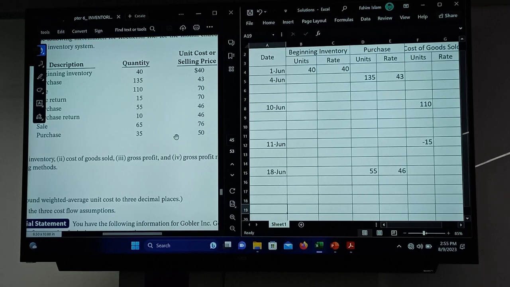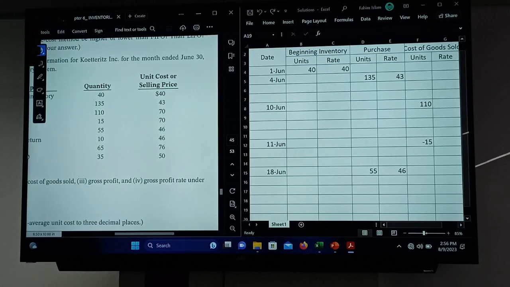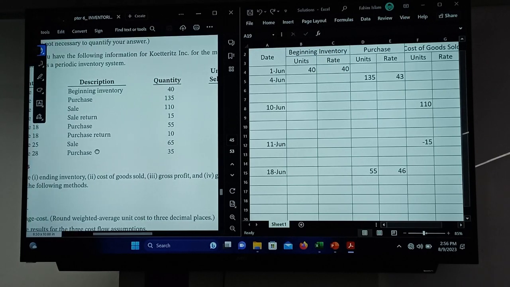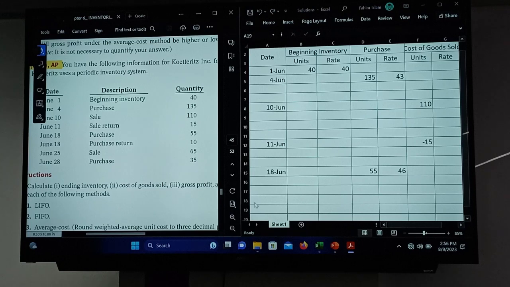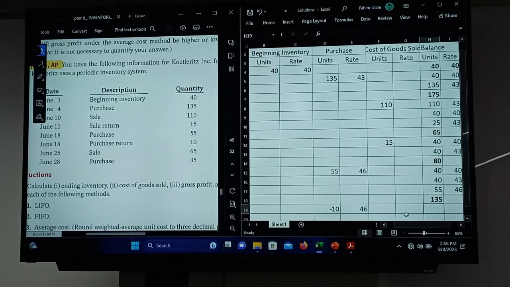Then finally, when we do a purchase return, at the same date, June 18, we are having a purchase return. We also write June 18, then it will be a purchase return, minus 10 units, at the same rate, 46, and it will be deducted from the last one.